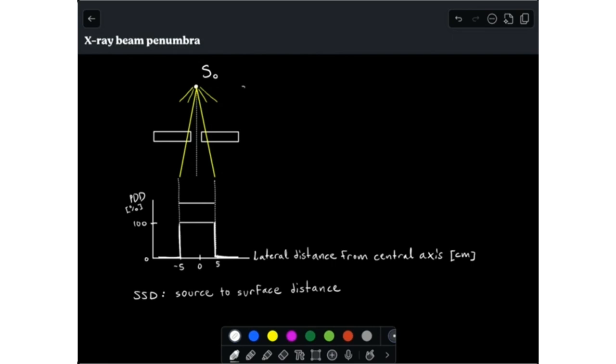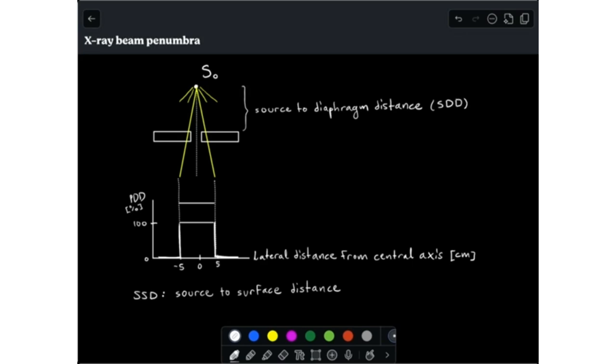So there's a greater distance between it and the collimators. That distance is called the source to diaphragm distance. Diaphragm has to do with the gap between the collimators. So that's the source to diaphragm distance, or SDD.